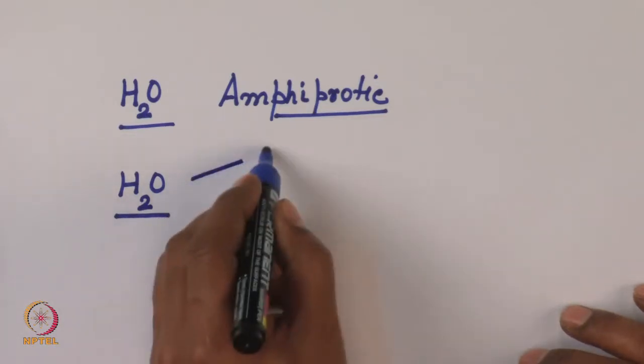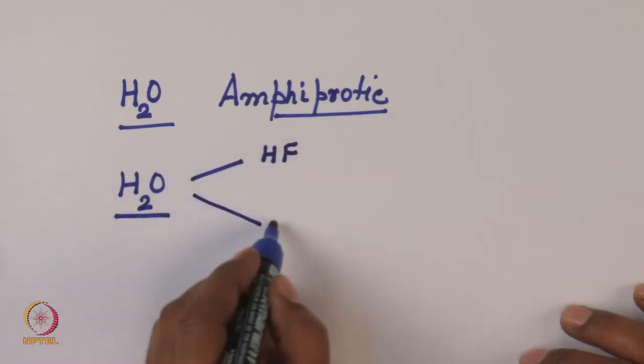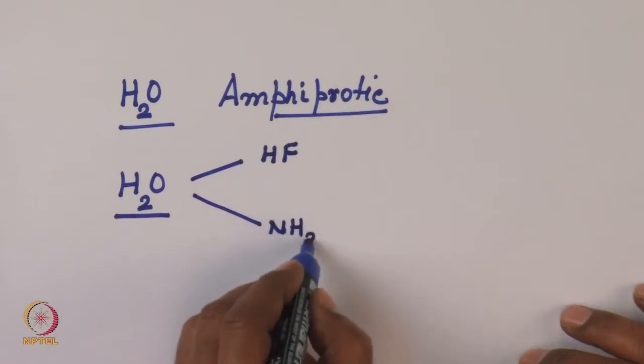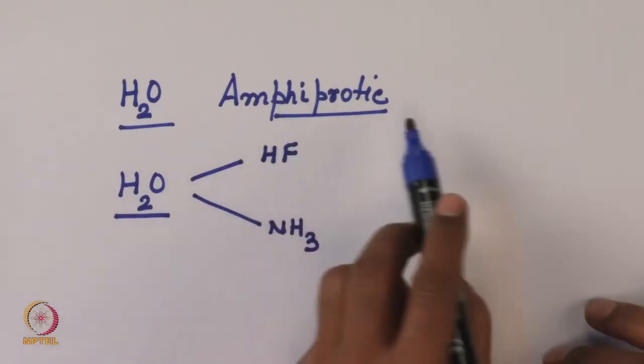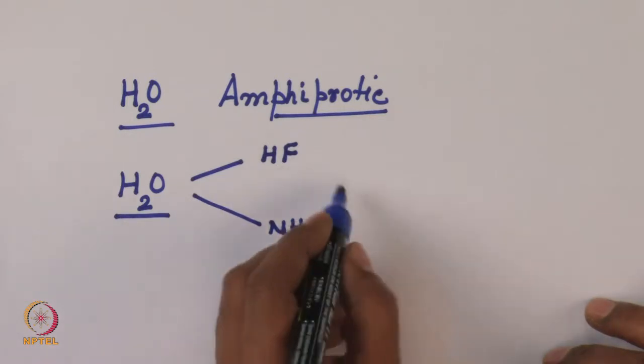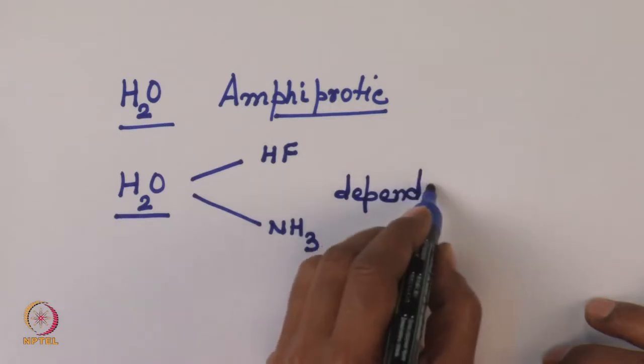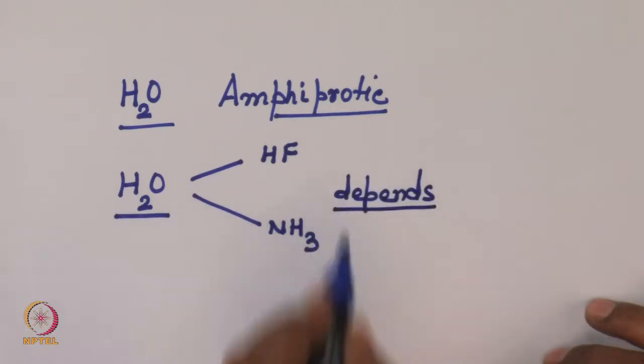Like I can take its example with HF and with ammonia. So, whether it will accept a proton or donate a proton depends on the type of the other molecule.